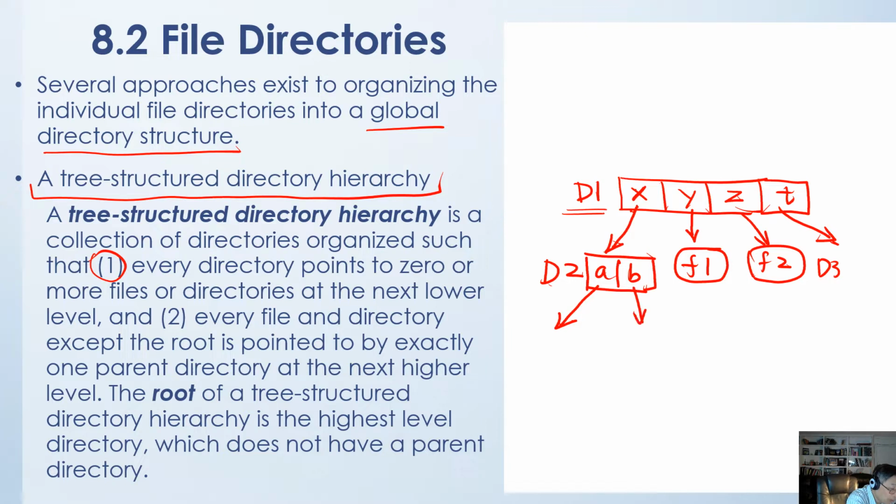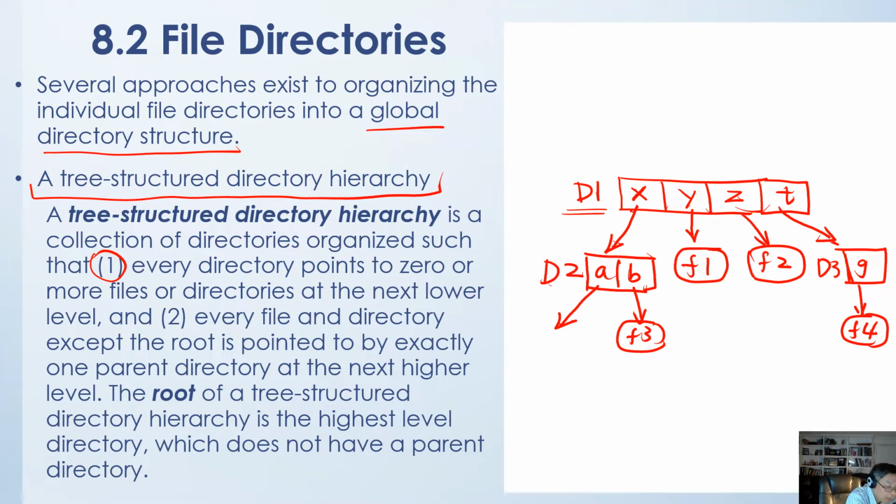B could be a file, I call it F3. D3 is a directory that points to only one file, let's say G. G could be just a file, F4.